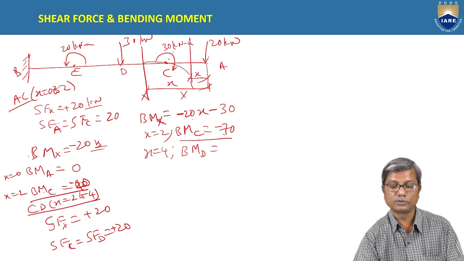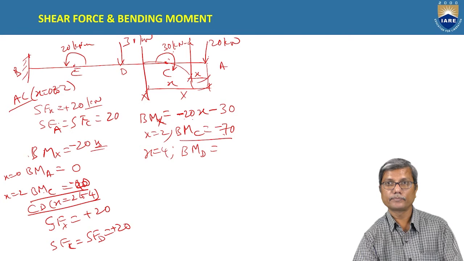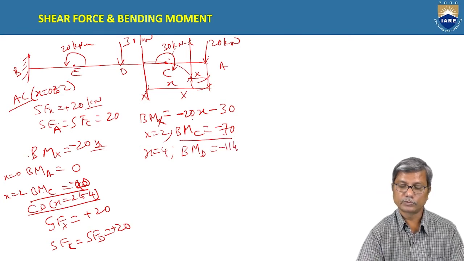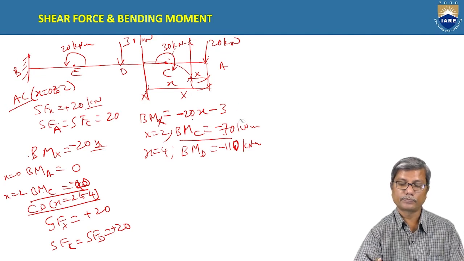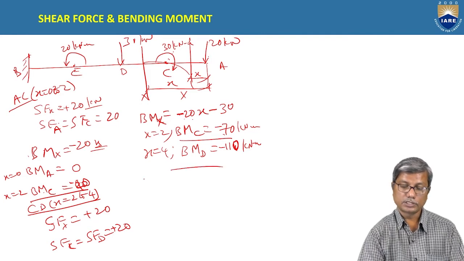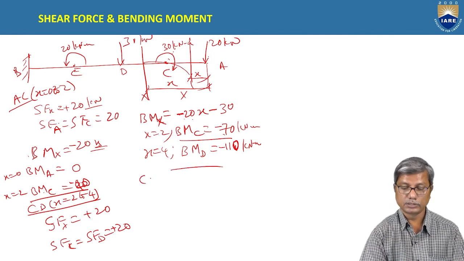So 20 into 4, that is 80, minus 30, minus 110. Units are kilonewton meters for all these bending moments. Now consider portion DE.